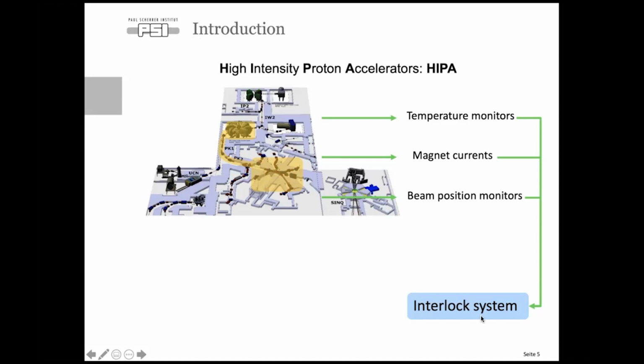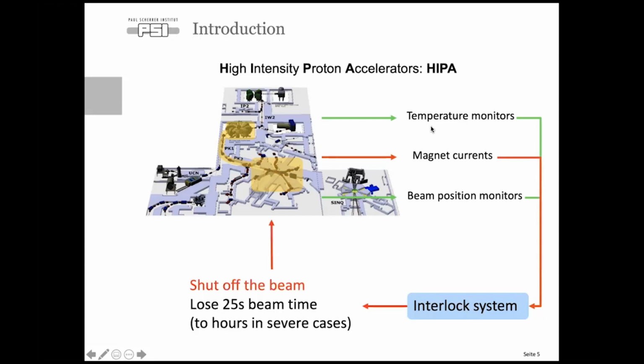We also have a safety measure, the so-called interlock system, which actually monitors all these incoming signals. And if one of the signals gets above a safety limit, then an alarm will occur, which is a so-called interlock event. And then the beam will be shut off for safety reasons.